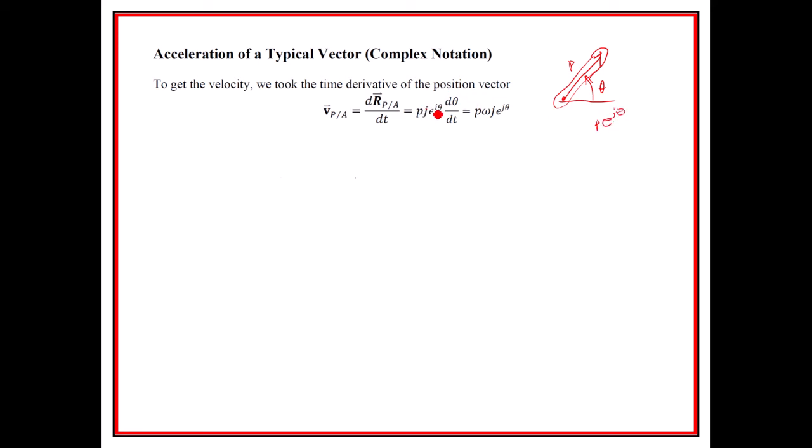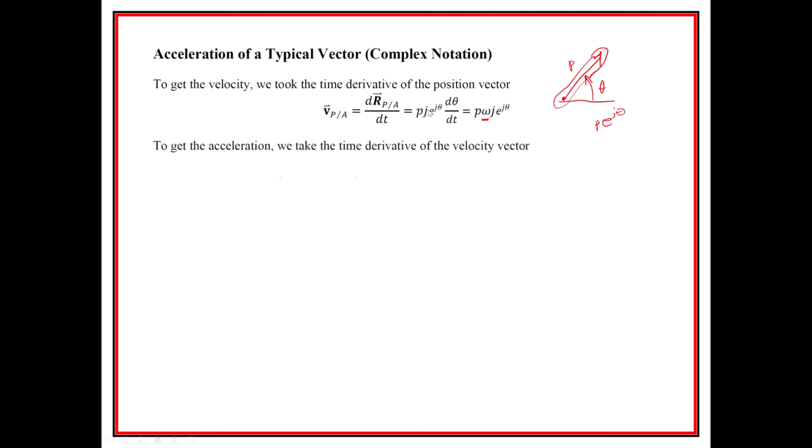When we take a derivative of it, as long as p doesn't change, we have pj e to the j theta times d theta dt, and that's where the omega comes from.